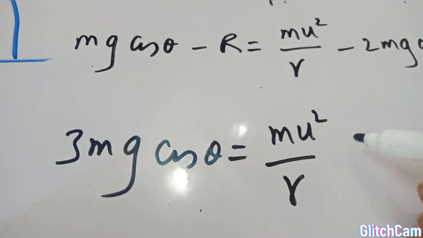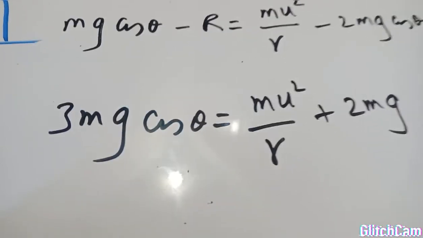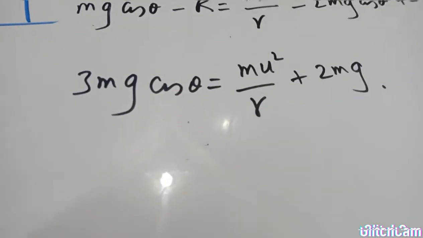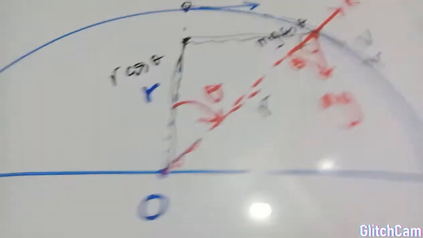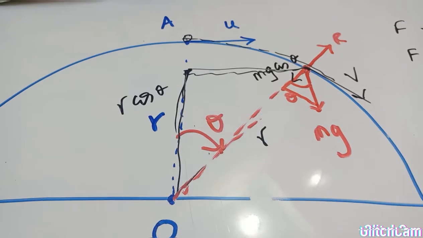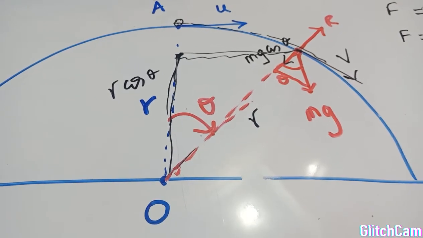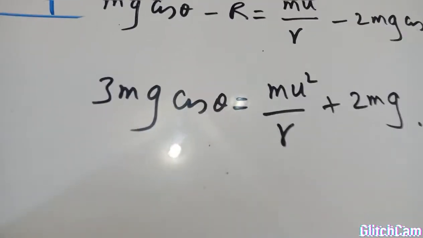This is plus 2 mg. Now since we just dropped this from the top of this circular track, you must allow me to put u equal to 0 in this relation.